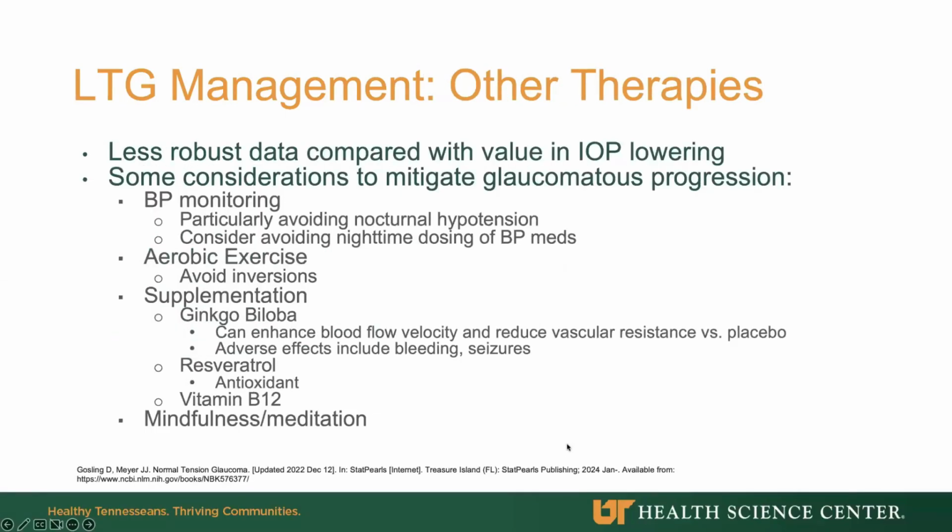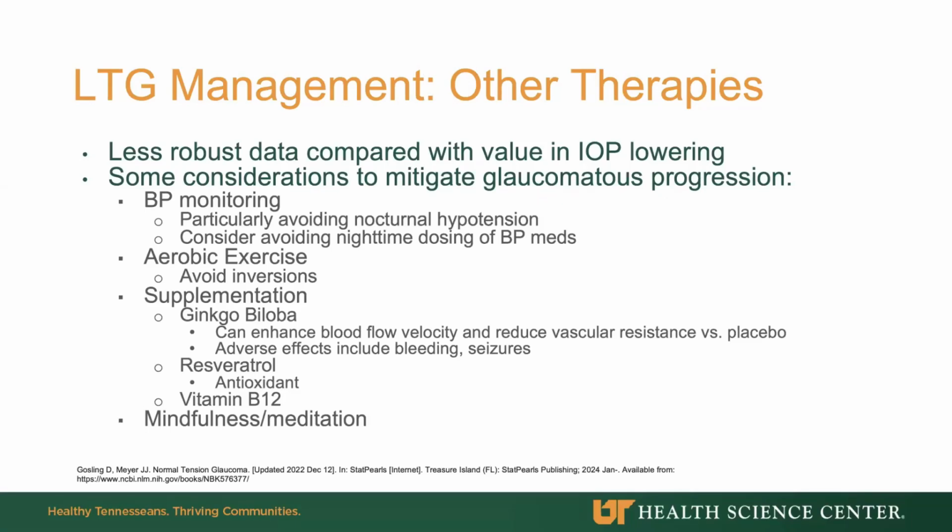So what are some other therapies that we can consider offering these patients with low tension glaucoma? Well, I'll just basically say that there's less data on the following recommendations.